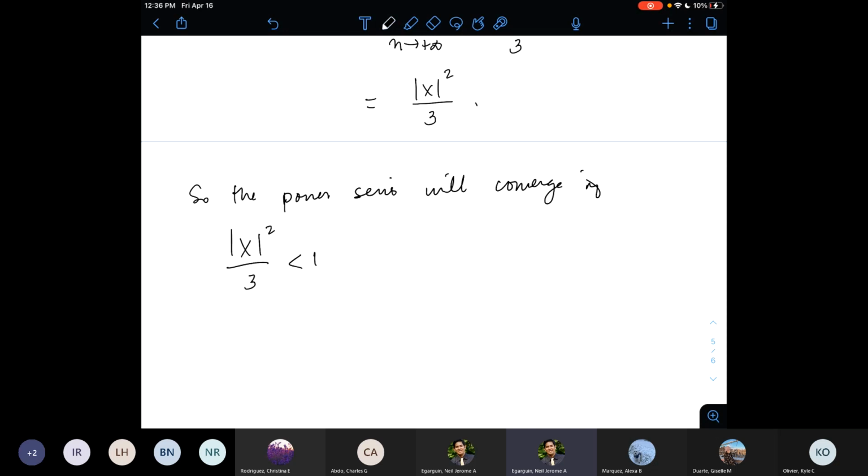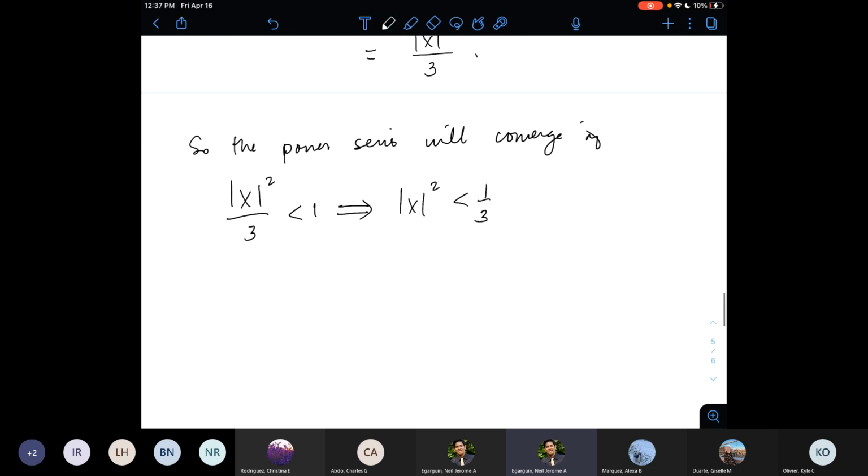Okay? Now, remember, for the interval of convergence, we're looking for the x values for which the power series will converge. So we know that it will converge when this inequality is met. So we need to solve for those x's. This means that the absolute value of x squared must be less than 1/3. So that means we should have -1 over root 3 less than x less than 1 over root 3.